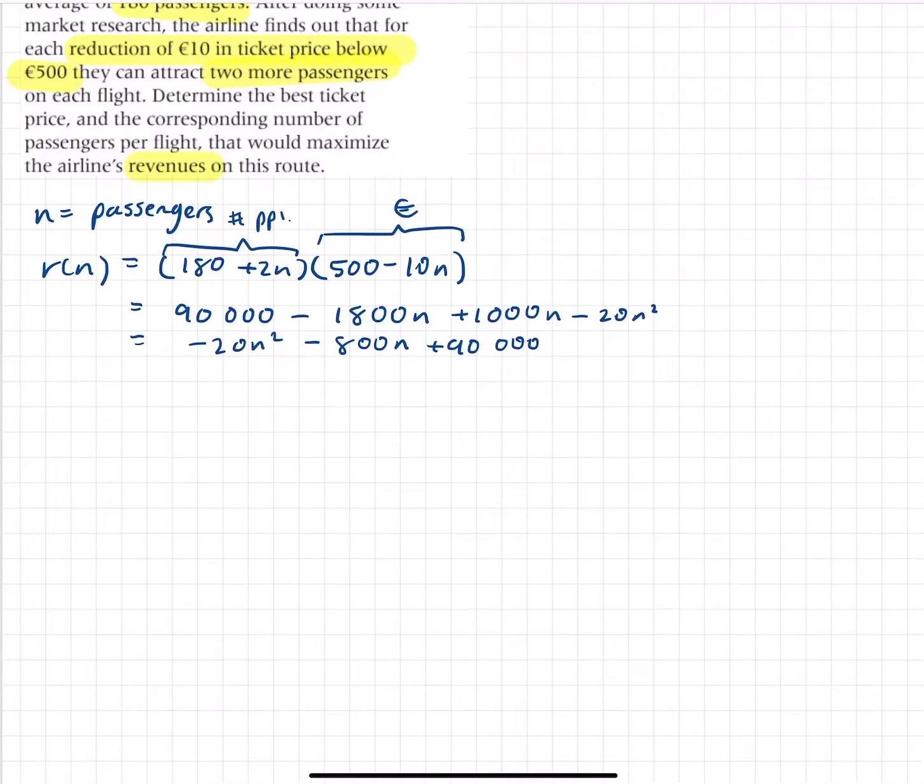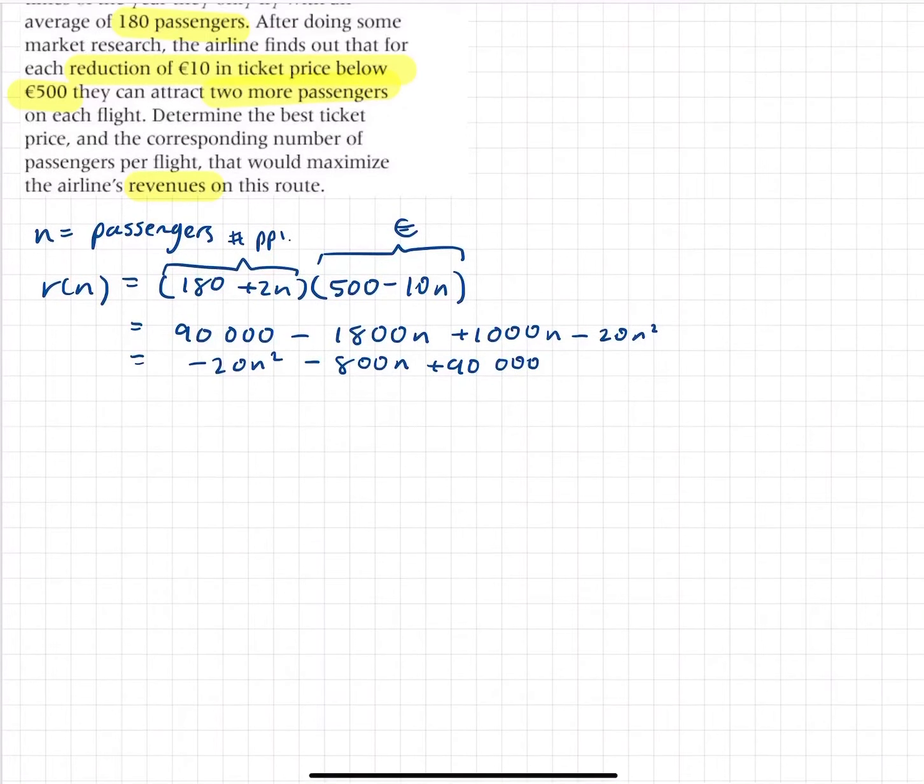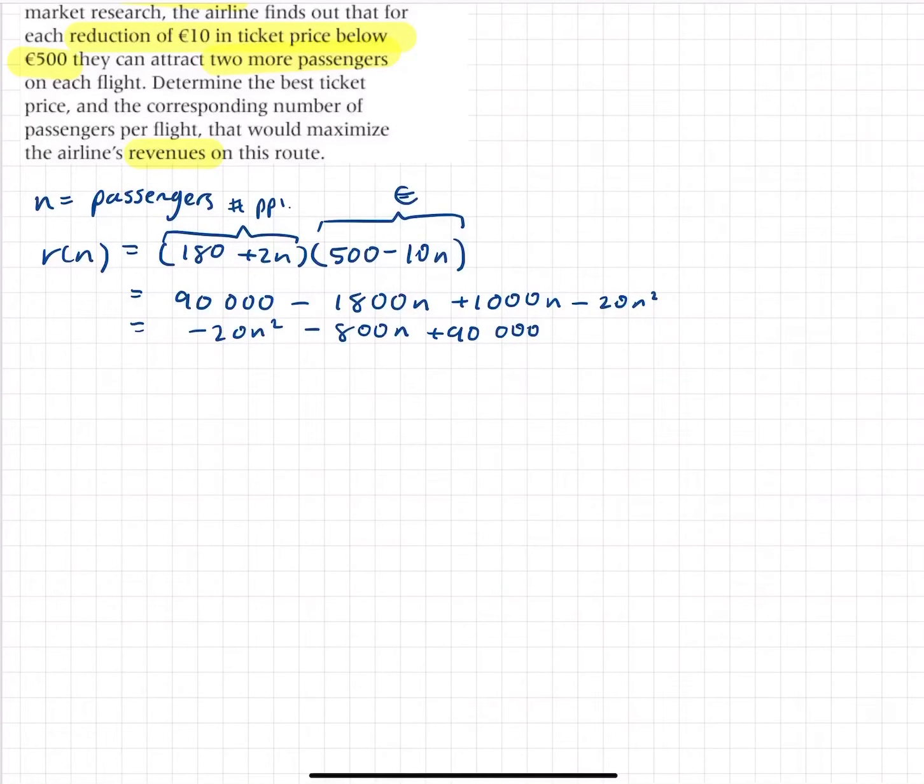So then we can just take the first derivative and then determine the max, or in this case, the maximum. So dR of n over dn is equal to negative 40n minus 800. Because it's a stationary point, we set it at 0.